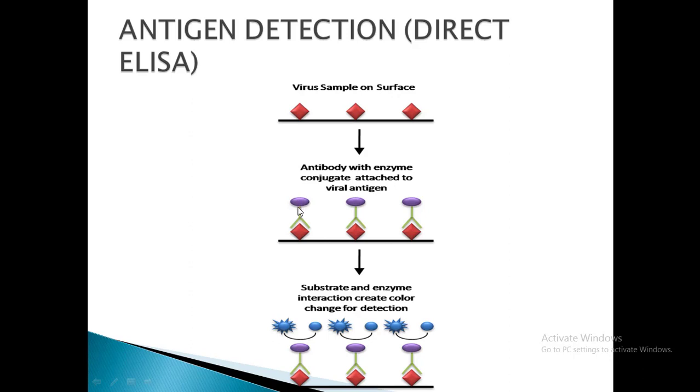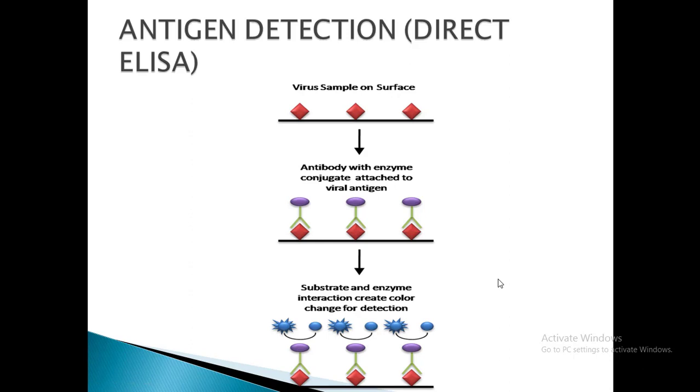Now this substrate will be such that when it gets converted to product, it will produce from colorless to a particular type of color, so that it can be detected and quantified. So this is how your direct ELISA works.